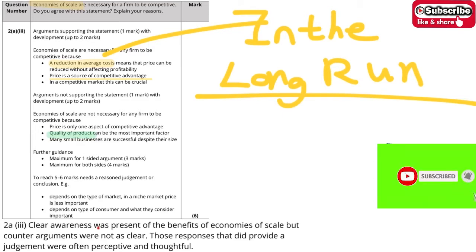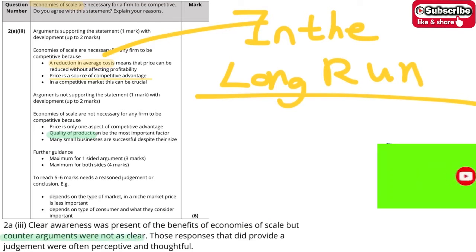So you can see in the exam report, it talks about clear awareness, but the benefits are very clear too. But the counter arguments, such as the quality, are not that clear. So you have to talk about the quality.